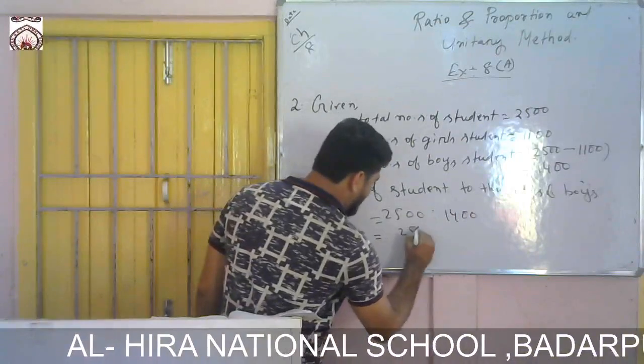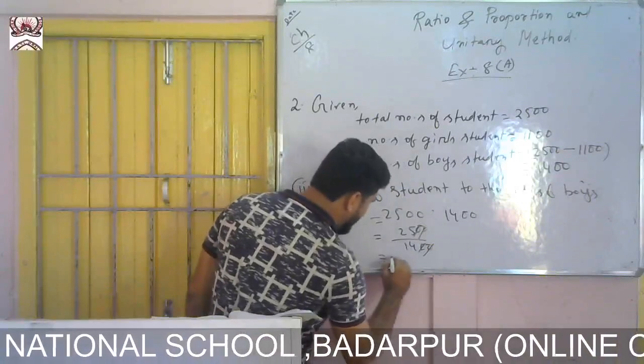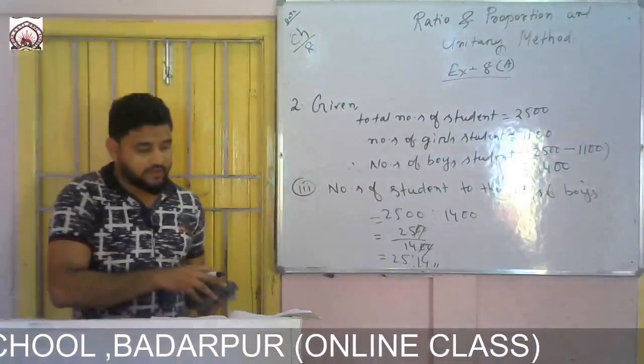So 2500 divided by 1400. Cancel this 20, divide, 25 is to 14. That is the answer. 25 is to 14.